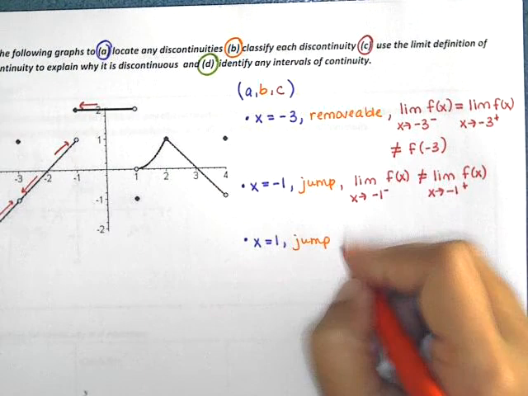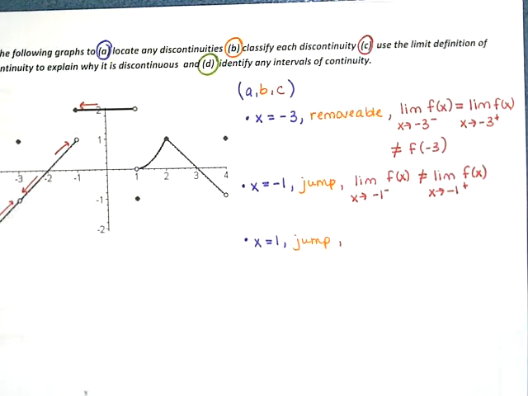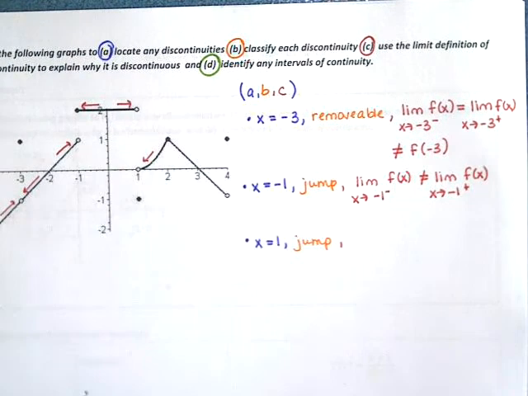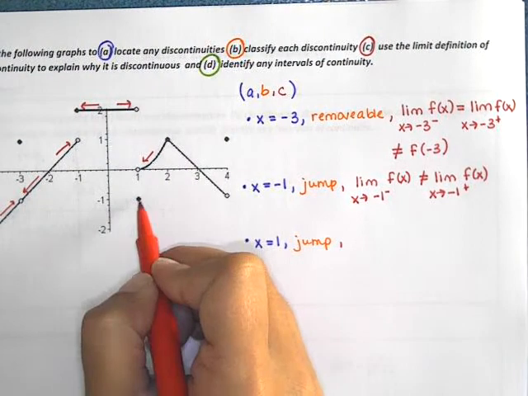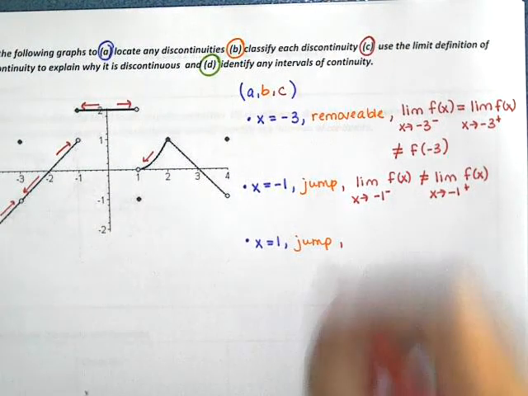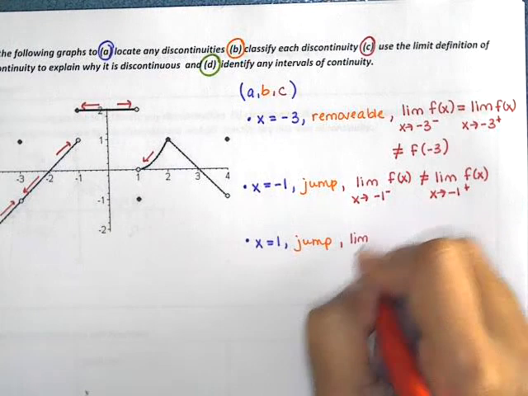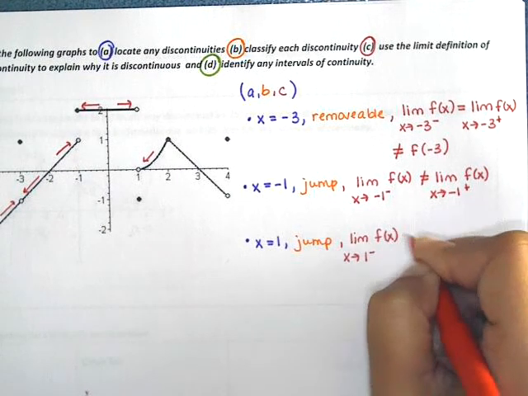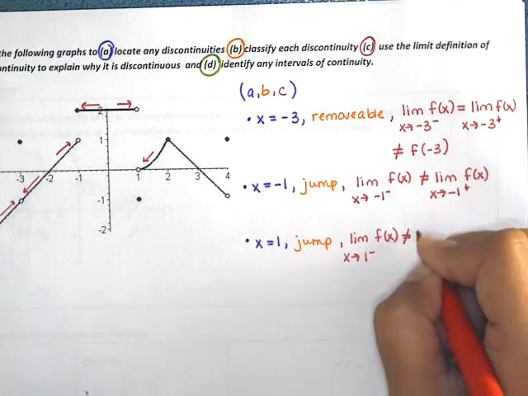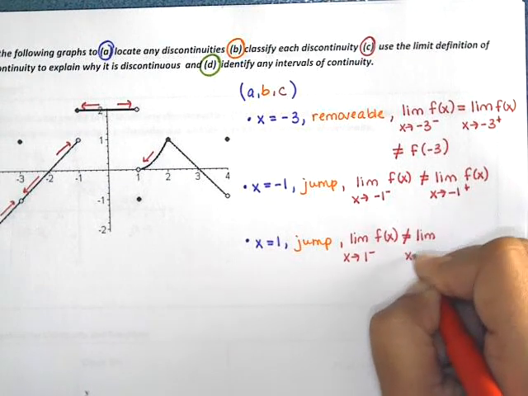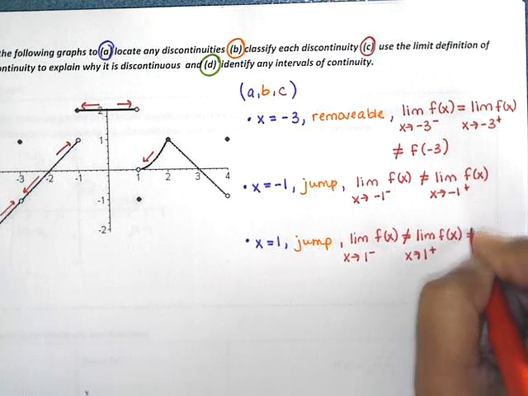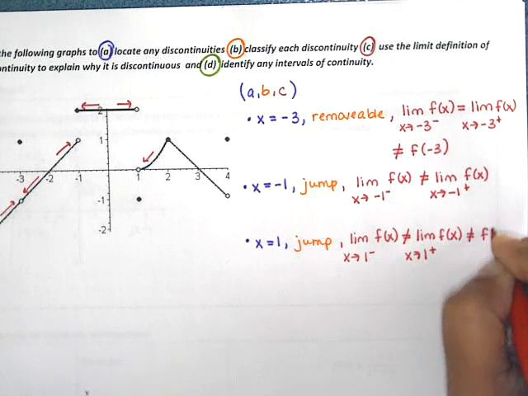And if I wanted to use limits to explain this, I would say the limit from the left and the limit from the right disagree, and they also don't equal the function value. So I would say the limit as x approaches 1 from the left does not equal the limit as x approaches 1 from the right, which does not equal f of 1.